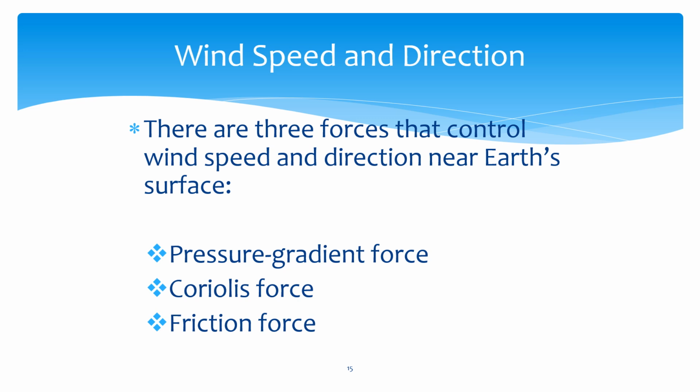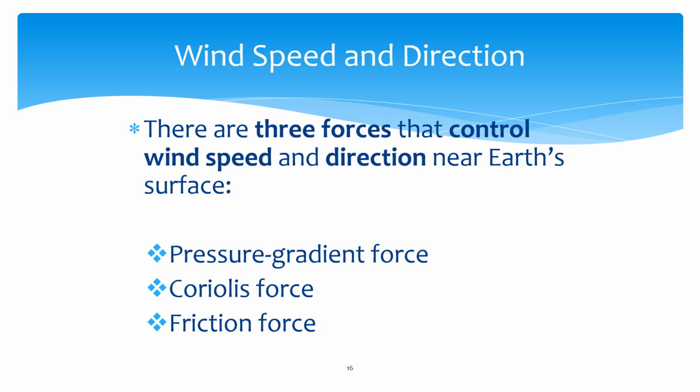There are three primary forces that will influence wind speed and direction. After differential heating that gets the ball rolling and keeps that air moving, the three forces that control wind speed and direction near the Earth's surface are the pressure gradient force, the Coriolis force, and the friction force.